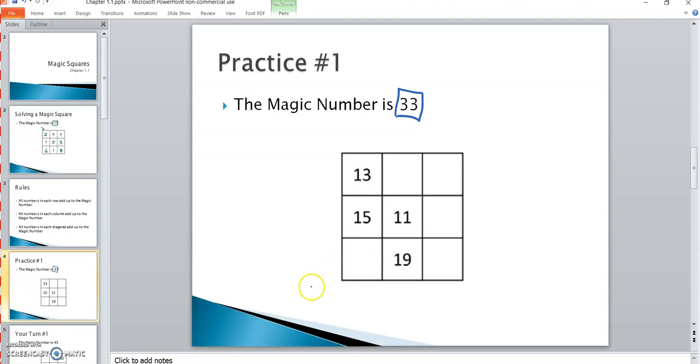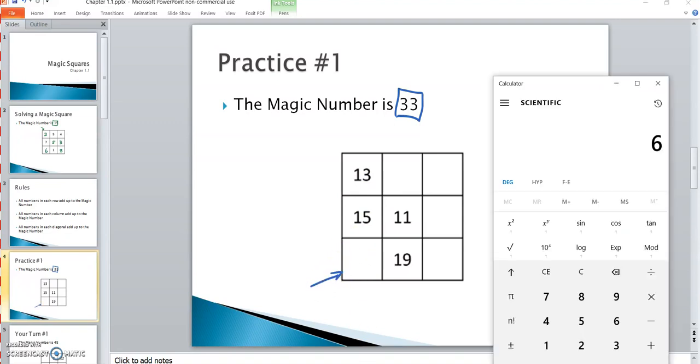So I'm going to start off with this one. If I start off with my magic number of 33, and I take away 13, and I take away 15, I'm left with 5.